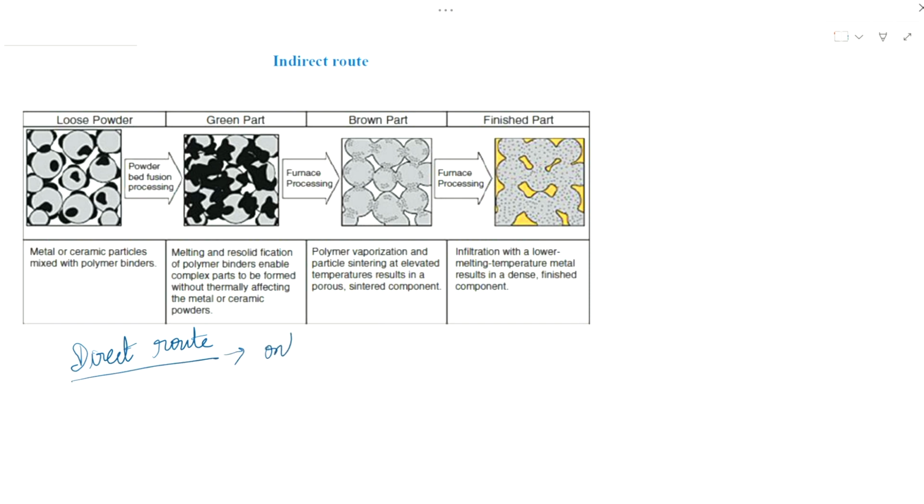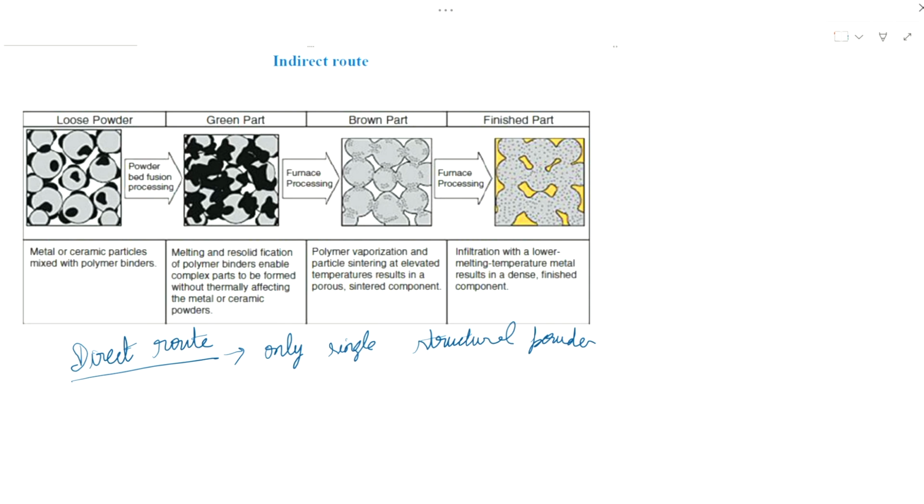This is only a single structural powder. So here there is no other type of liquid phase or anything.